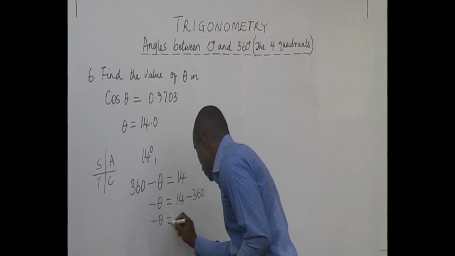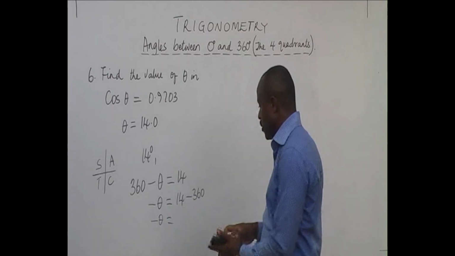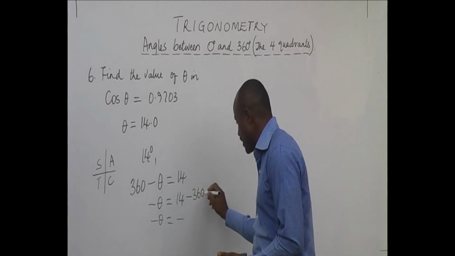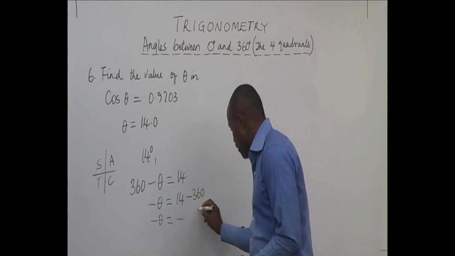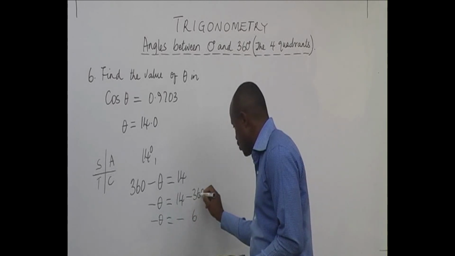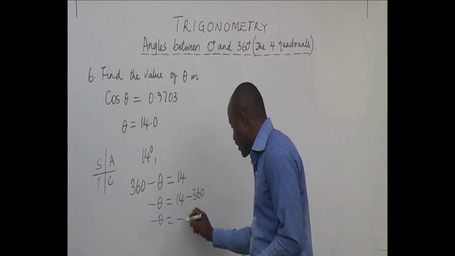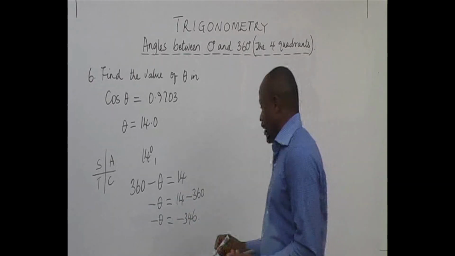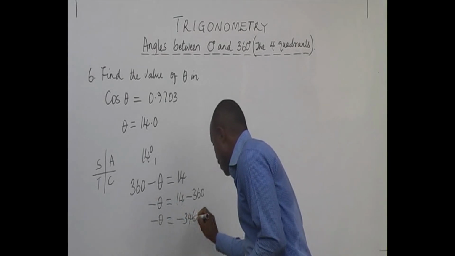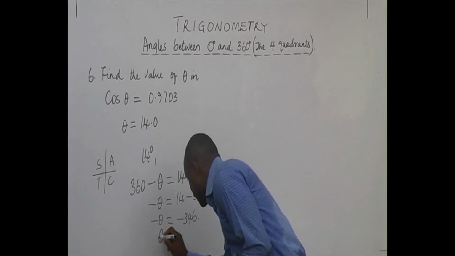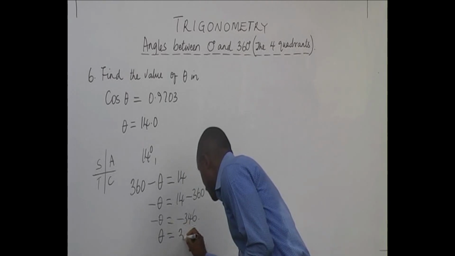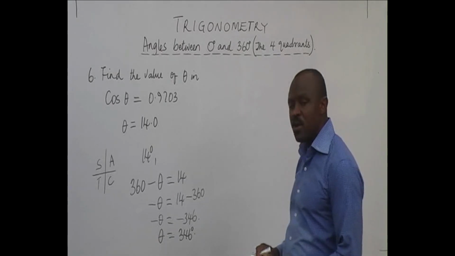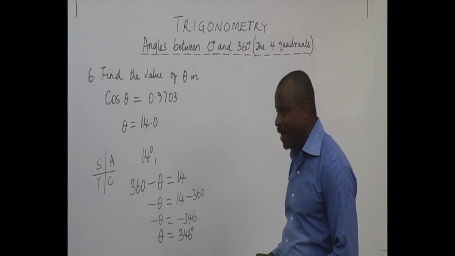Subtract 14 from 360. 10 minus 4 is 6. This will remain 5. 5 minus 1 is 4. Bring down 3. If minus theta is minus 346, that means theta is equal to 346 degrees.